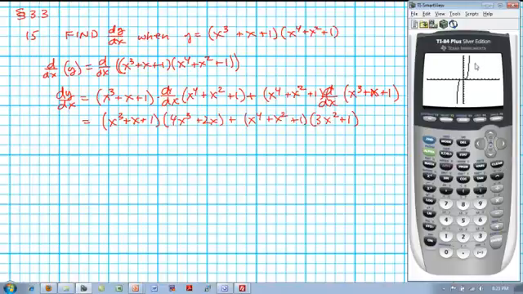It's always increasing, and let's also graph the derivative function, and that's going to be x cubed plus x plus 1 times quantity 4x cubed plus 2x plus x to the fourth plus x squared plus 1 times the quantity 3x squared plus 1.